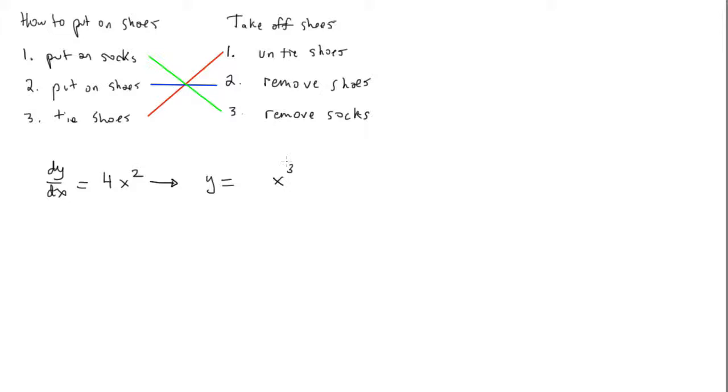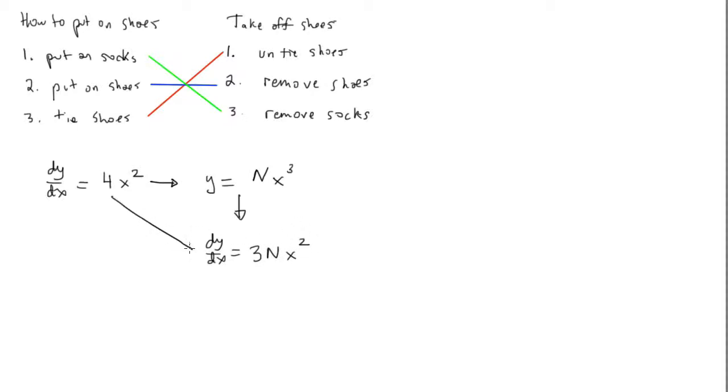Okay, now we need for the coefficients to match up. So I don't know what this coefficient is, so let me just put in n for now. And now if I take the derivative of this, then I get 3n x squared.